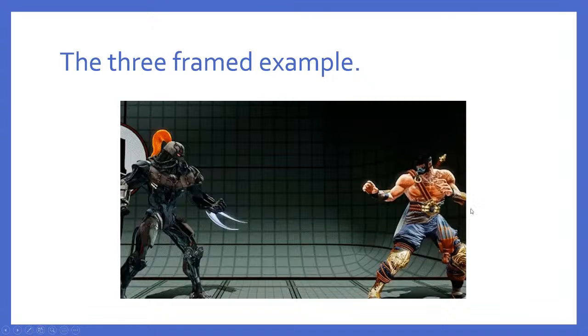This is Killer Instinct 2013 for the Xbox One, and it came over to PC and PS4. It's an amazing game, I recommend you all check it out. It's got the soundtrack by the composer who did Doom and Doom Eternal, so you know it's top quality.